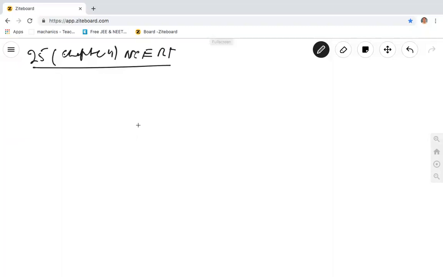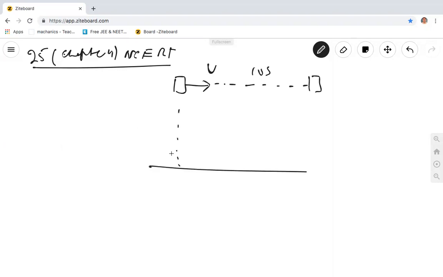The question says, an aircraft is moving at a particular speed that we don't know, and it moves for 10 seconds. On the ground, there's a person. He looks at the aircraft just above him flying. After 10 seconds, the aircraft subtends an angle of 30 degrees at the person on the ground.